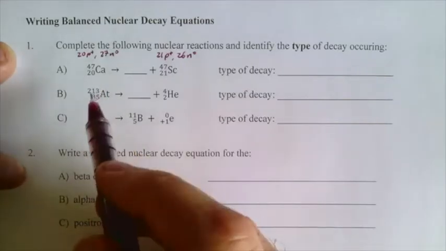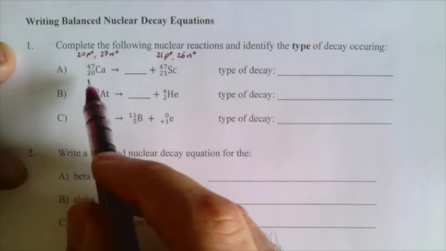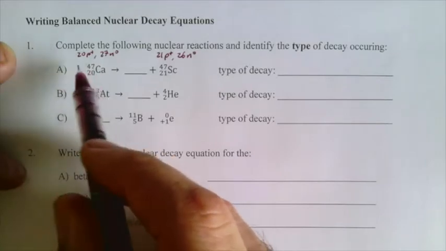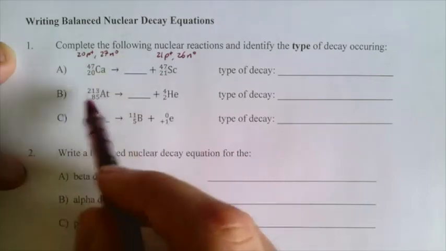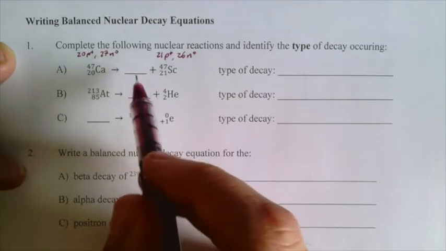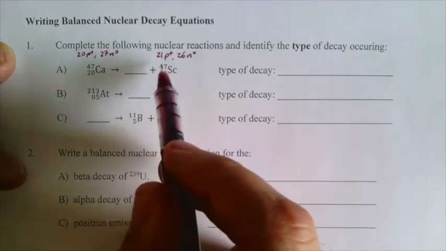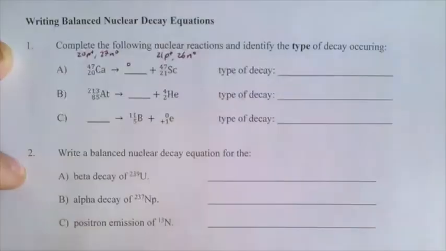So, to balance the decay equation, remember, we want everything on the left, mass number and atomic numbers, to add up to the same thing, respectively, on the right. Now, there's only one particle on the left, so what that tells me is that whatever this particle is, I have to be able to add its mass number to 47 and get 47, so that's easy. Mass number 0.